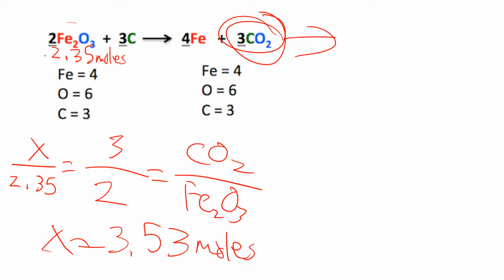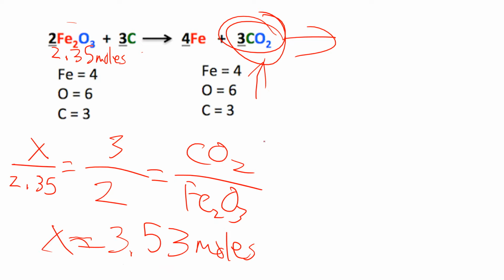And this is incredibly powerful, because let's say you know you have 2.35 moles and you want to know how much carbon dioxide you will produce. Well, you can figure it out just by using mole ratios. If you have 2.35 moles of iron oxide, you will produce 3.53 moles of carbon dioxide.